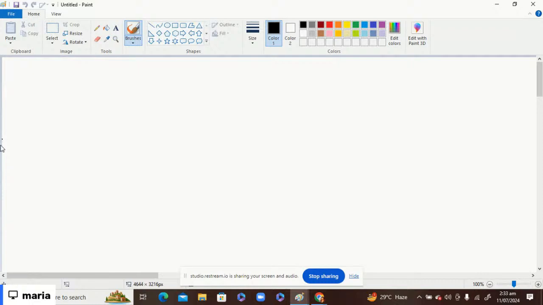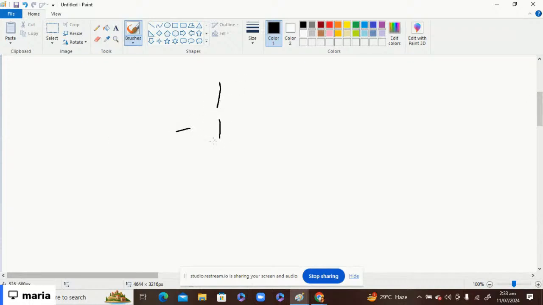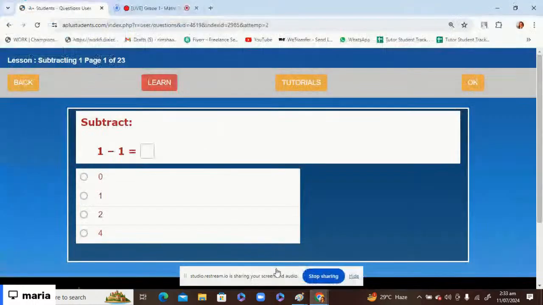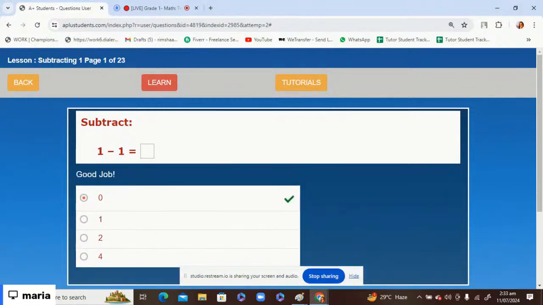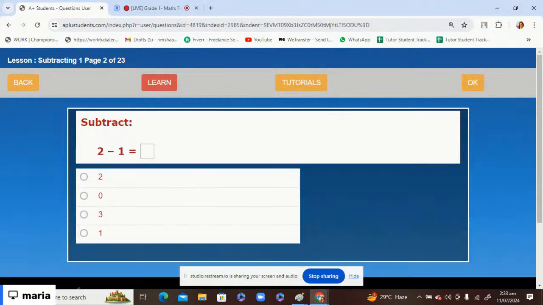I just wanted to move this page. I don't know how to move it, but I think that's okay. So look here, it's 1 minus 1. If you have one line and this one line is removed, how many are left? 0. Nothing. So it's 0. This is the answer basically.